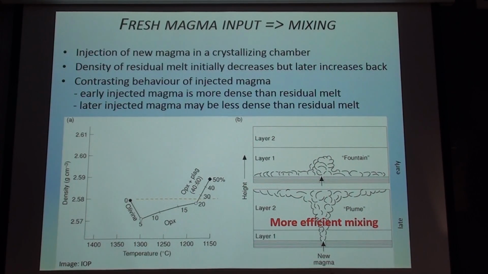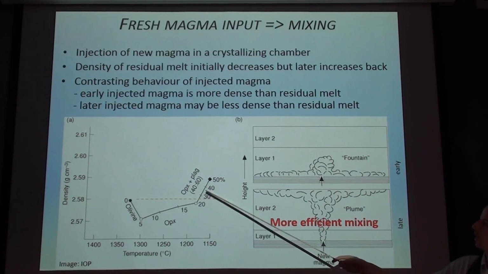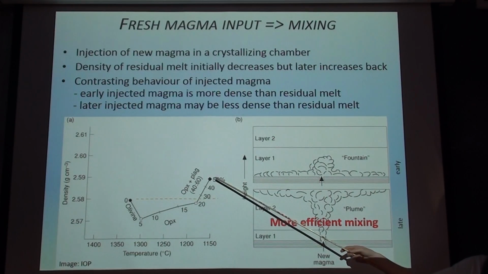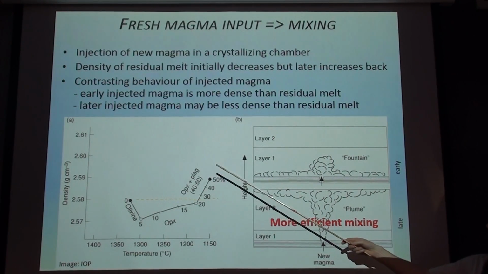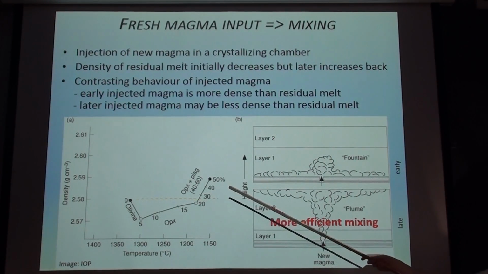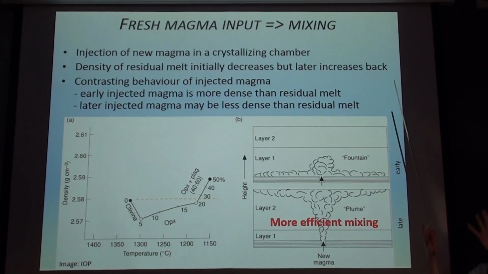On the other hand, if we inject a new magma late in the history of crystallization, where, let's say, the magma chamber has reached this point, basically the new magma has a density which is lower than what it is injecting into. And because it's lower density, it will float. And so we have these plume-like mixing.